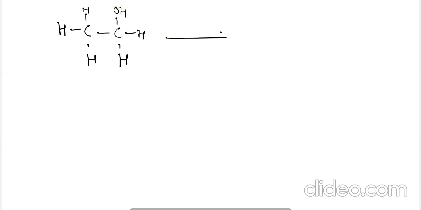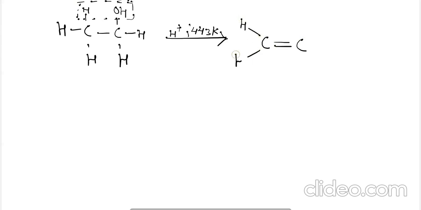So here we can take one example. I am taking the example of ethanol. Ethanol undergoing dehydration at 443 Kelvin in the presence of an acid will form an alkene, that is ethene, C double bond C with H, H, H, H, and water will be released. So ethanol has converted to ethene here.